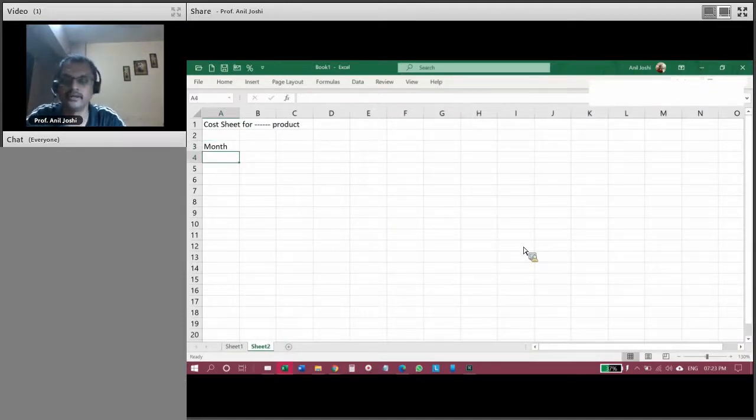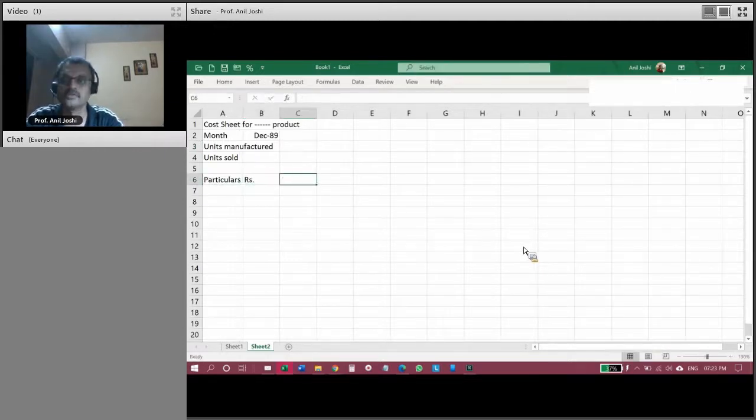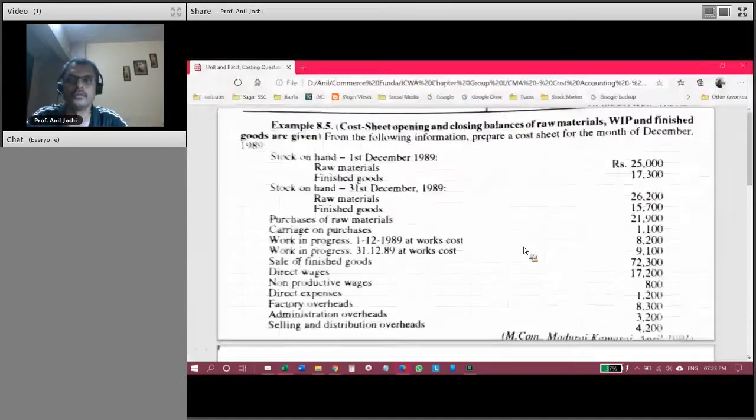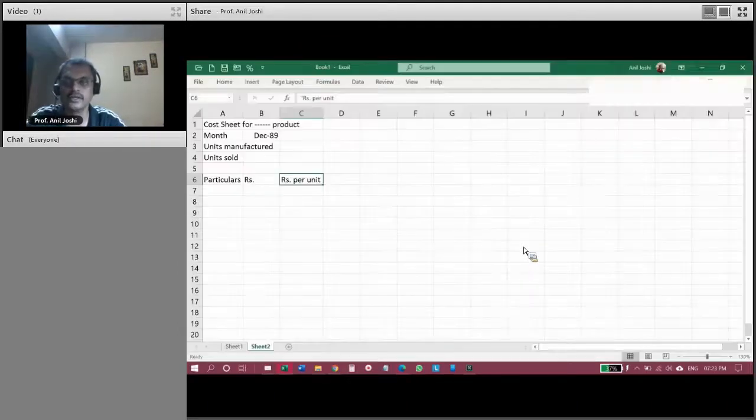Then you will typically write units manufactured and units sold. Whatever is the quantity, you will write here. Now particulars, rupees per unit. Here they have not given any information about the units, so rupees per unit will be blank.